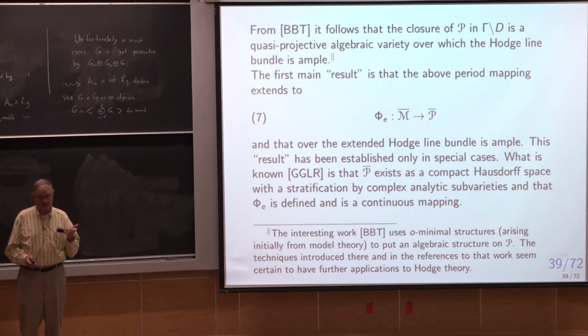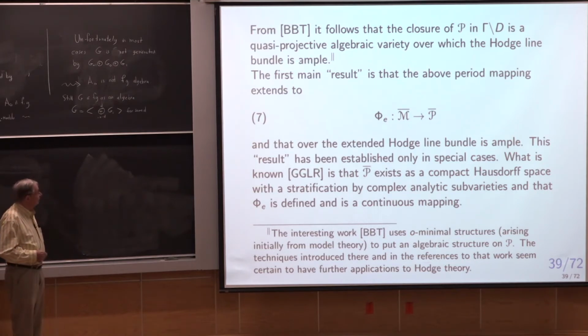Something quite new, it just happened within the last couple of years, and I think it should have a lot of applications to things that we have not been able to get at before. So it's known that that thing is quasi-projective. The first main result, in quotation marks here, is that this thing should have a canonical completion, over which the so-called Hodge line bundle is ample. It's been proved in some cases, for example, if the dimension of M is 2 or 3 and so on, but the complete proof has not been done.